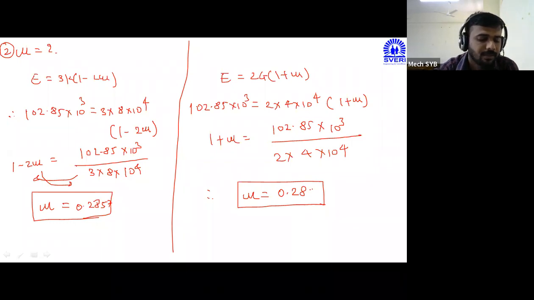What is the answer of others? Only 4 to 5 students have represented the mu answer. Everyone has to do the calculation and then represent the answer.